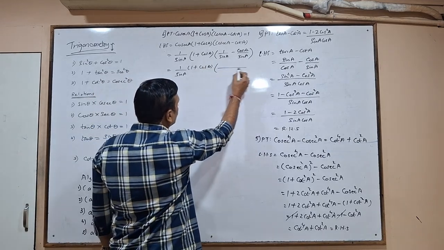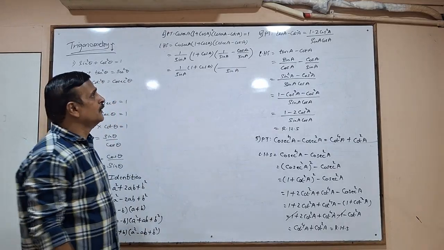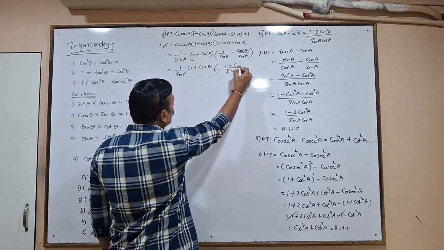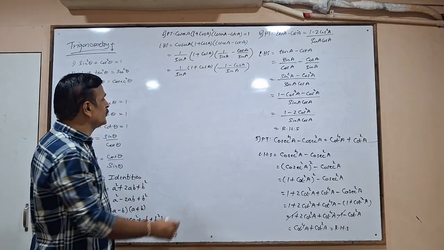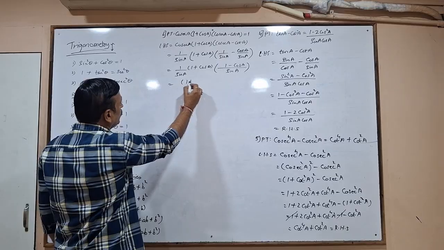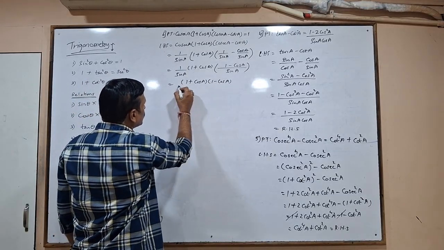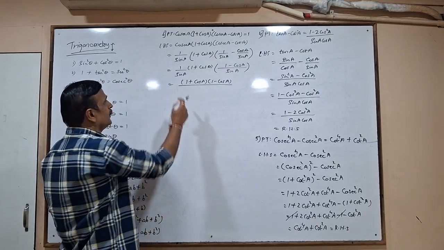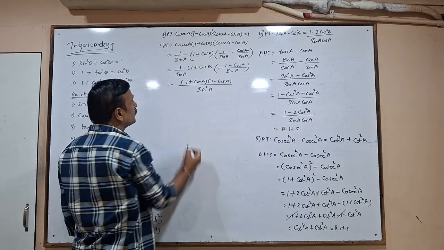In the next bracket I can make the denominator the same. So the numerator will become 1 minus cos A. As all three are in multiplication, the numerator will become (1 plus cos A) into (1 minus cos A), and the denominator is sin A into sin A, which is sine square.